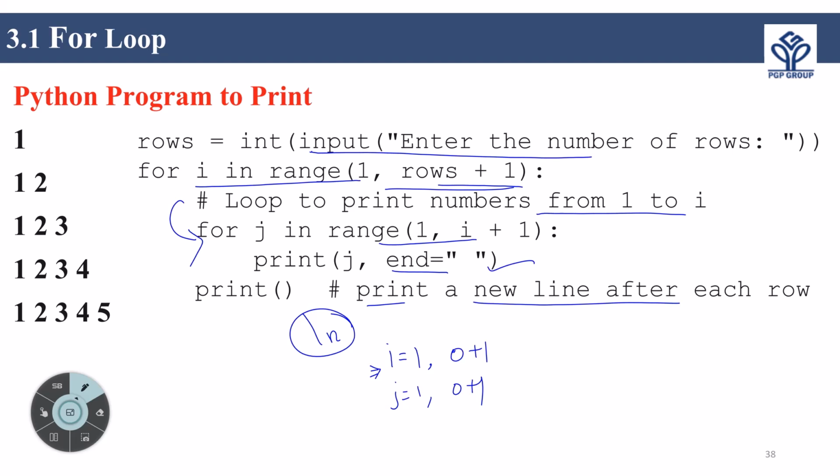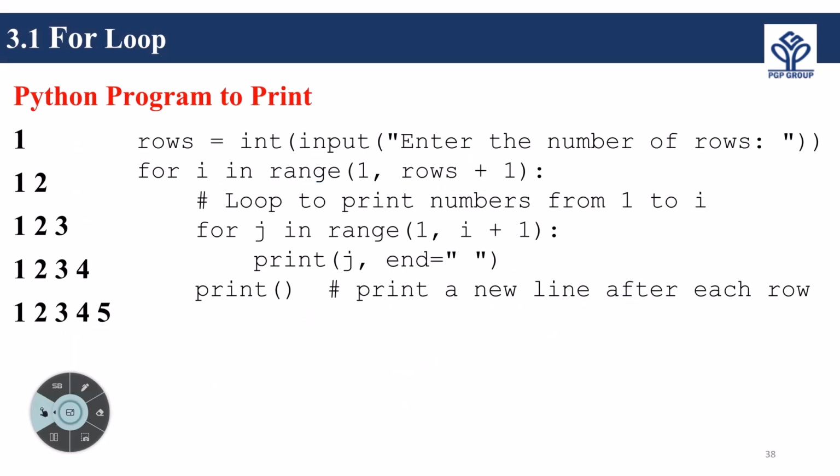So first, I value is starting from 1, first row, and then I value is incremented plus 1, j value also plus 1, 2, 2 plus 1, and then I value plus 1, 3, again j value plus 1, 3, clear. So the number of rows, I need 5 rows, so 1, 2, 3, 4, 5, 5 rows, then it will be executed, clear.